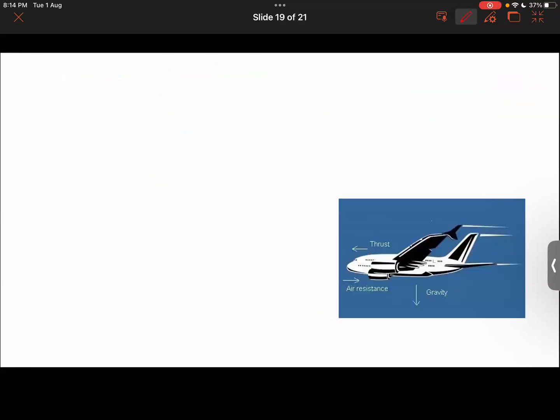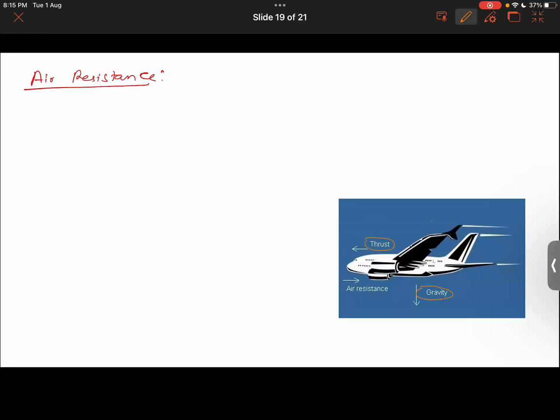Okay, now let's come to air resistance here. So this is also an example of contact force, right? Whenever there's a flight, basically three types of forces are acting on this airplane. One is the force of gravity, that is the pulling force towards the earth.